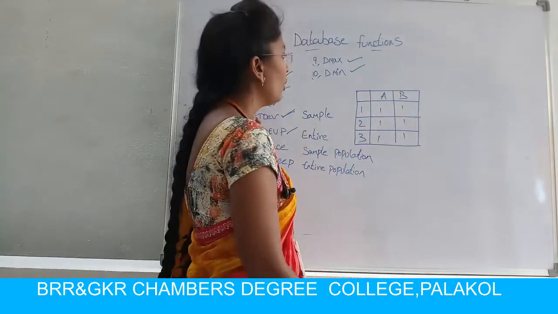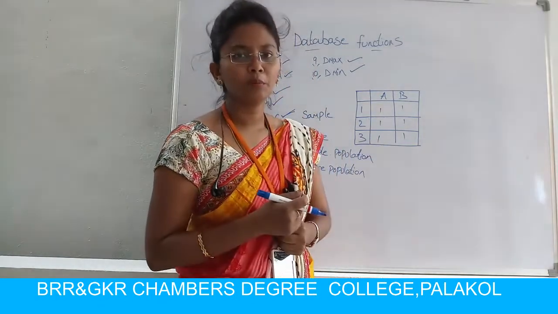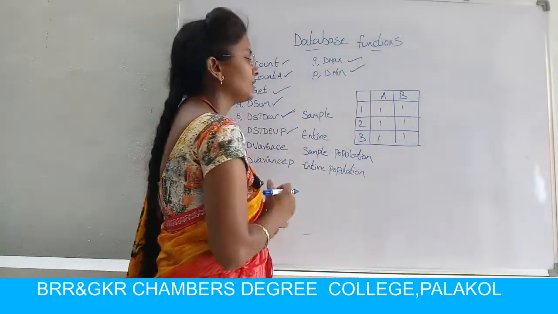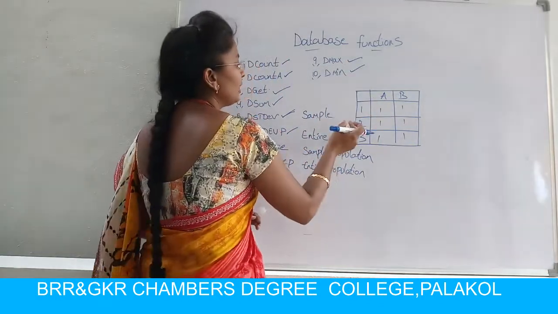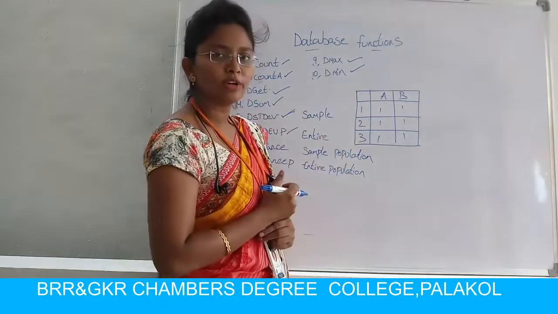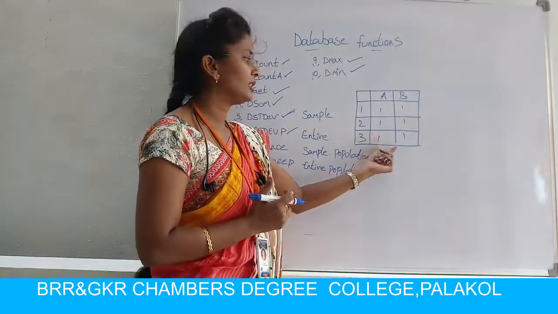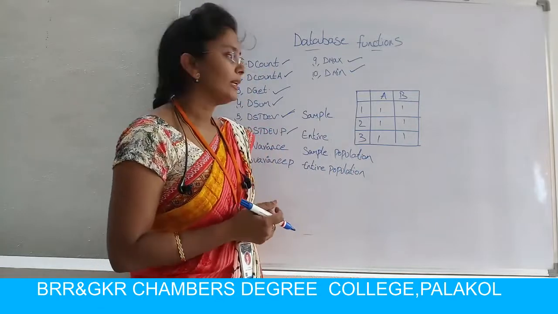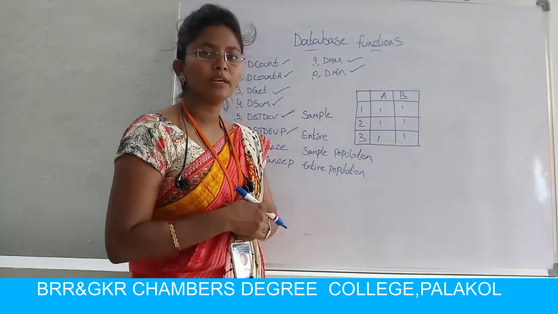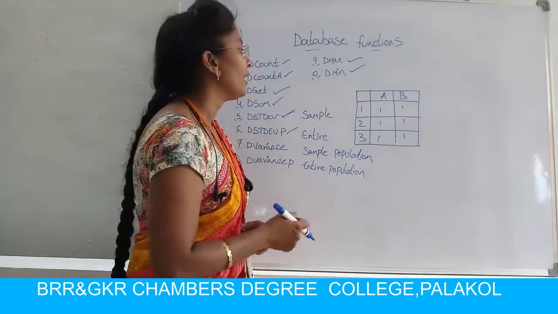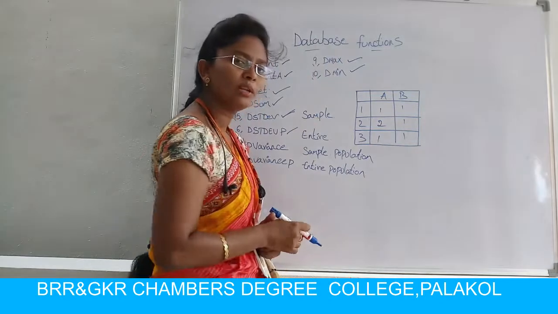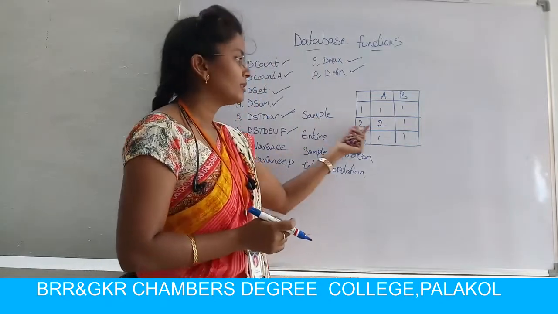There is no maximum value and no minimum value. If I enter this function in this Excel sheet, it will display the maximum value as 1 only. Why? Because I didn't enter any different values. I entered only the same values in the entire sheet. If I enter something different, then it will display the maximum value as 2.